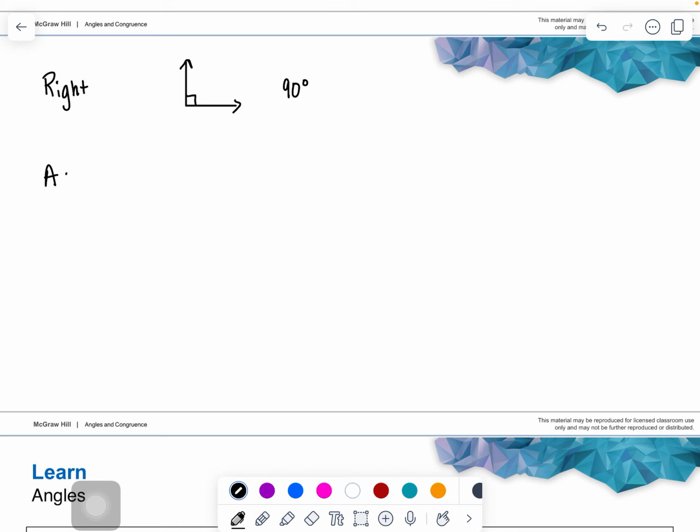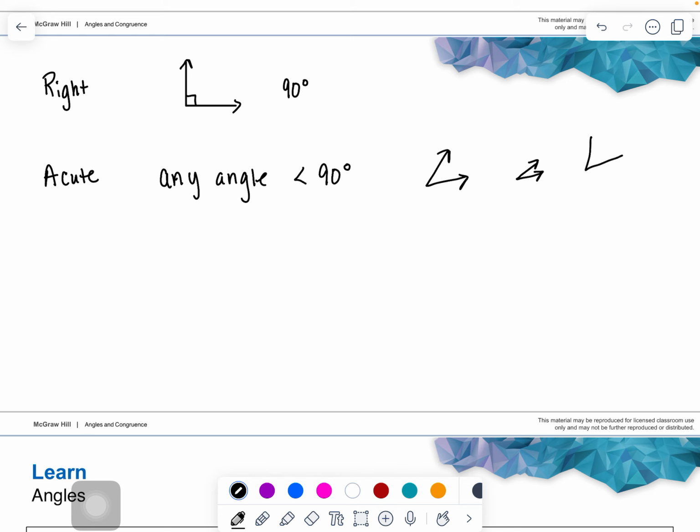All right, an acute angle is going to be any angle less than 90 degrees. Okay, so this would be an acute angle. This would be an acute angle.